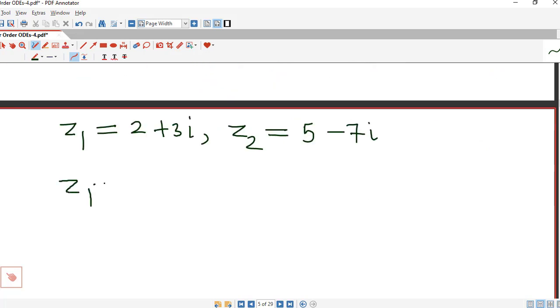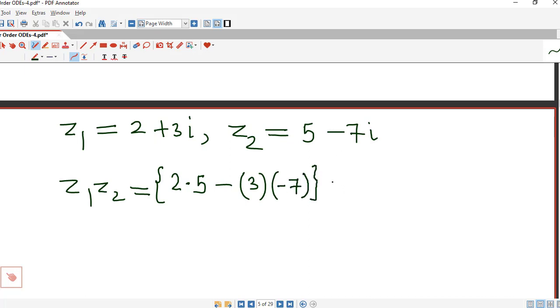Then z1 into z2 equals real part of first, which is 2, into real part of second, which is 5, minus imaginary part of first, which is 3, into imaginary part of second, which is minus 7, plus i into real part of first, which is 2, into imaginary part of second, which is minus 7, plus real part of second, which is 5, into imaginary part of first, which is 3.